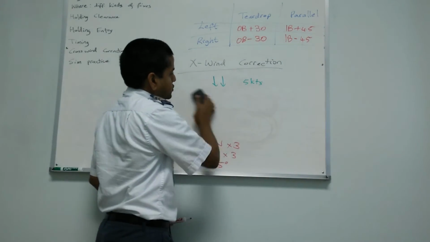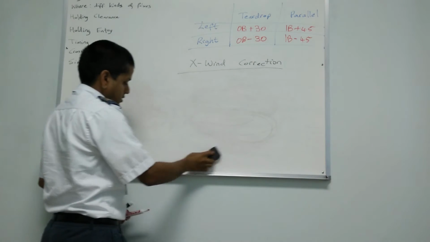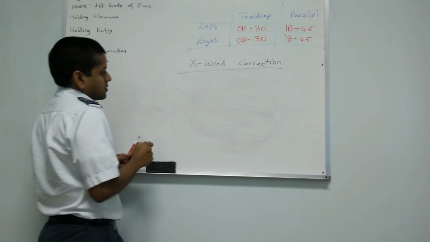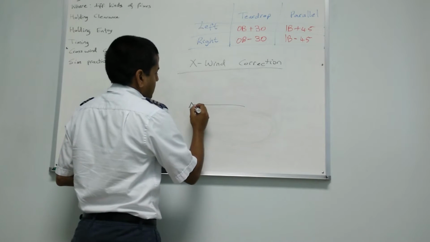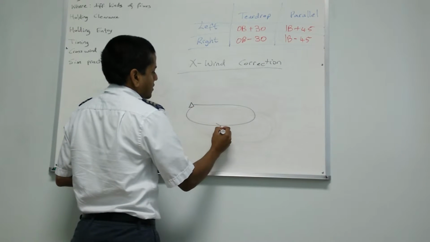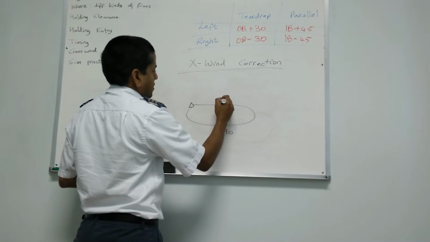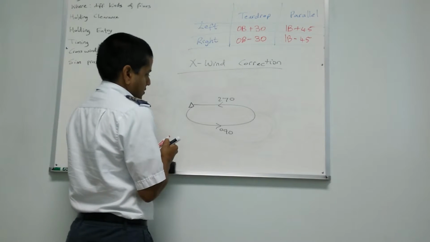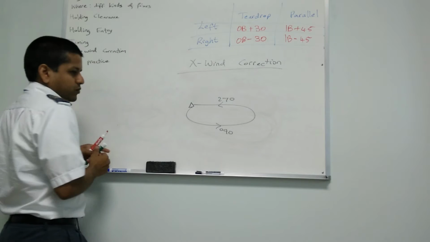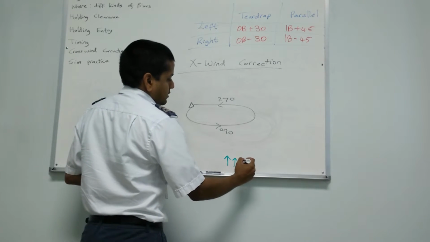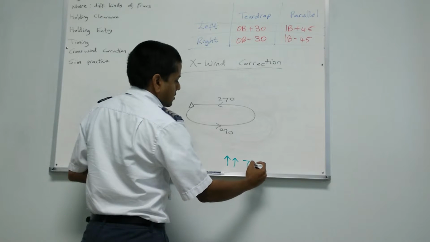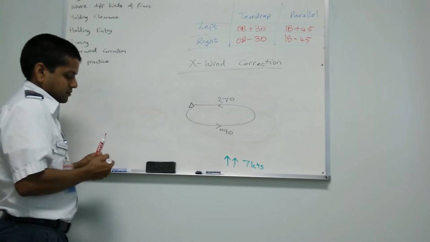Let's see what happens when you have crosswind from the other direction. This time the wind is coming from this side. Make it 7 knots. 21.